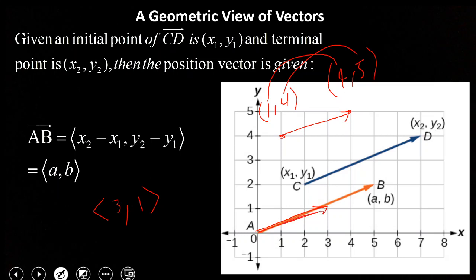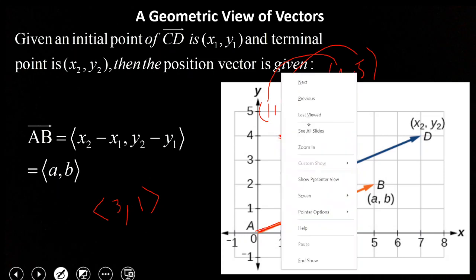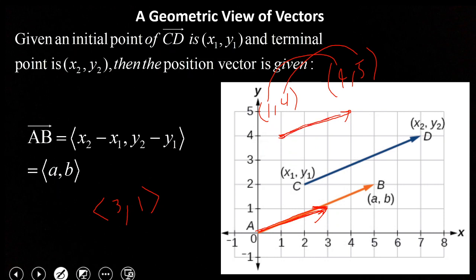Now notice that this vector is basically the same length as that one, and is in the same direction. The only difference is that this is in the standard position.